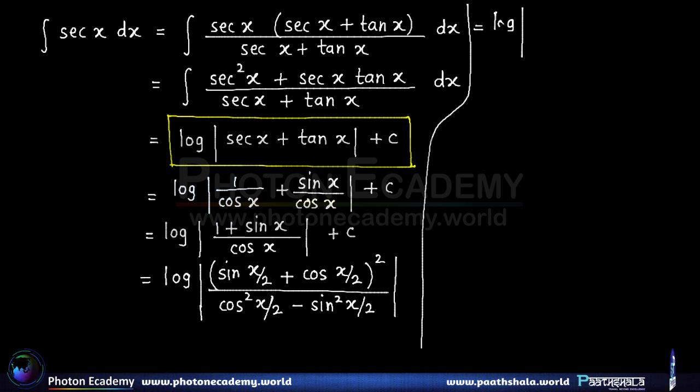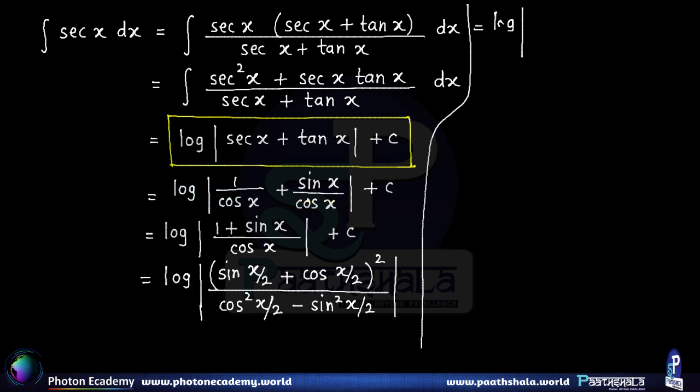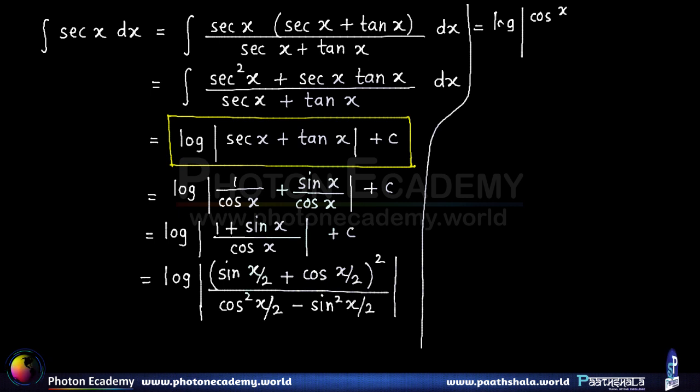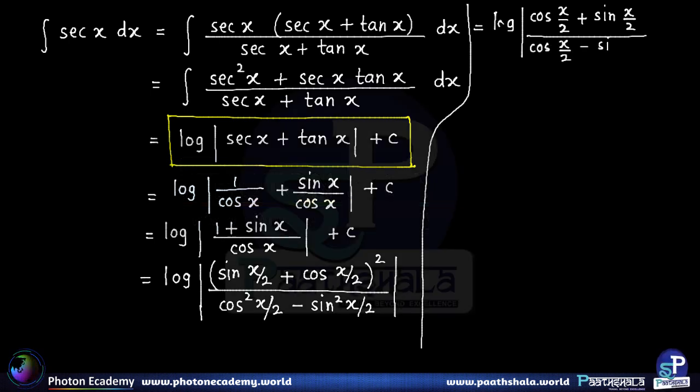So the first factor, which is a plus b, which is nothing but cos x by 2 plus sin x by 2, can be cancelled from the numerator because there is already the square of that factor present. So on cancelling that, one factor of sin x by 2 plus cos x by 2 will remain in the numerator. So I will just rewrite it as cos x by 2 plus sin x by 2, and in the denominator we will have cos of x by 2 minus sin of x by 2.